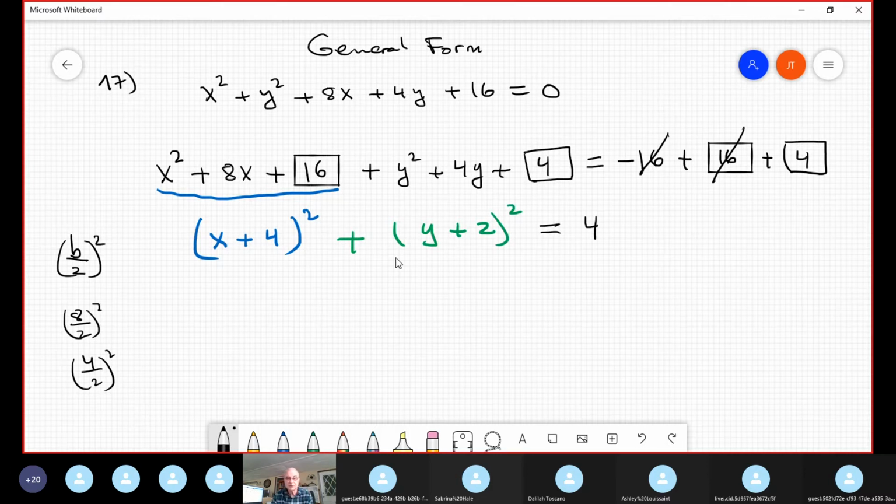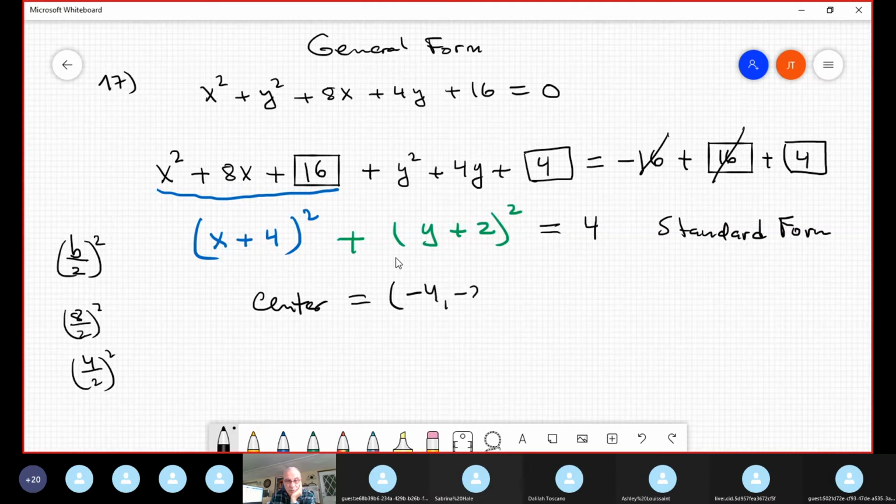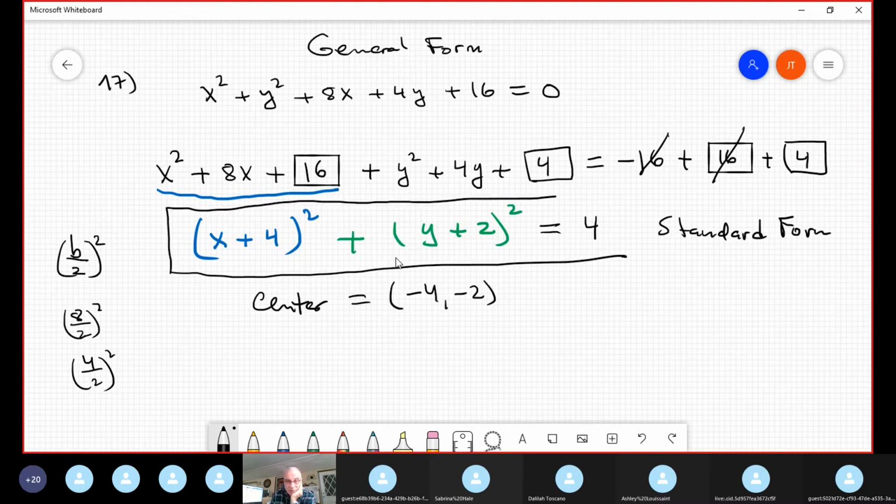So I can see this is the standard form of the equation for the circle. Now you see super clear that the center of this circle is located at the point negative 4, negative 2. Be careful with the sign because in the point, the signs are different.